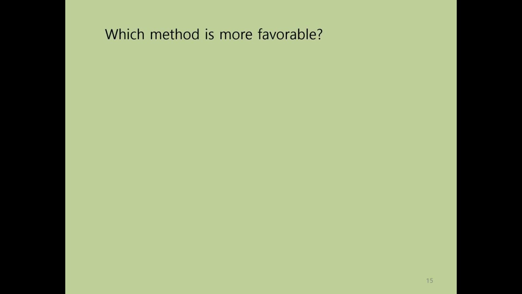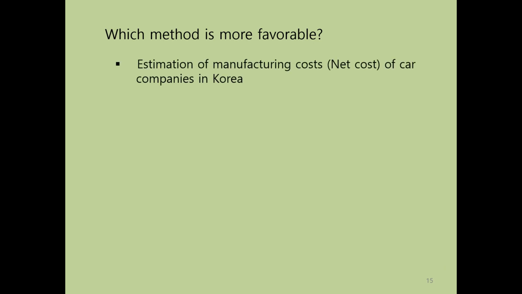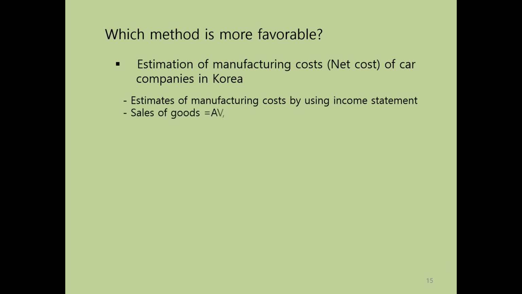In this slide, we will see which method is more favorable by estimating manufacturing costs of car companies in Korea. The problem is that we cannot know the exact manufacturing cost of every car, so we can only guess an estimate of manufacturing cost by using the income statement of annual reports of each company, and we will regard sales of goods as AV, product price, and regard cost of goods as manufacturing cost.